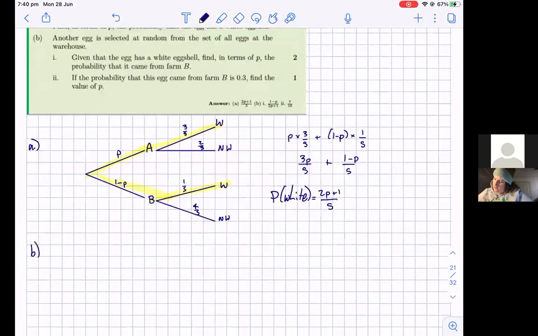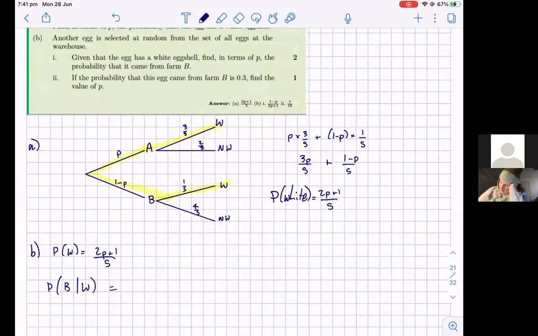Question B, another egg selected at random. Given that it has a white eggshell, find, in terms of P, the probability that it came from B. So we know probability of having a white is 2P plus 1 on 5. We want the probability that it's from B, given that it has a white eggshell.